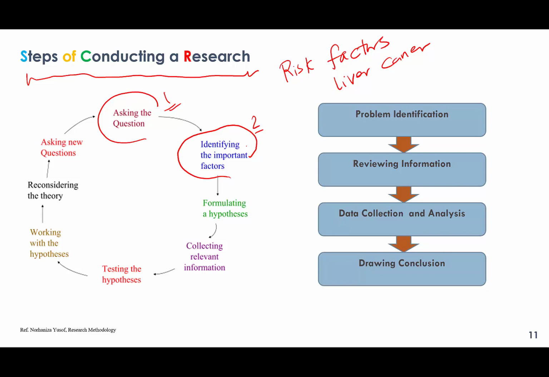Okay, then formulating a hypothesis. For example, you propose this hypothesis. A hypothesis is something that I propose, and during this research we will find out whether it is right or not. For example, in a research you can have this hypothesis: smoking will result in lung cancer.